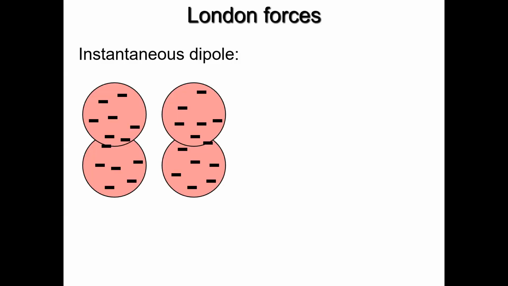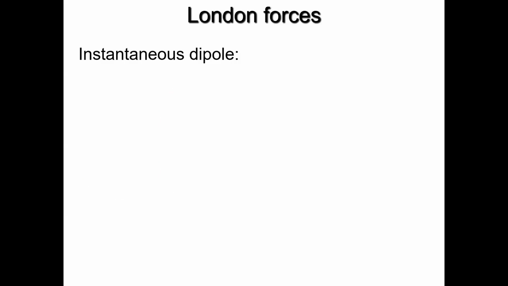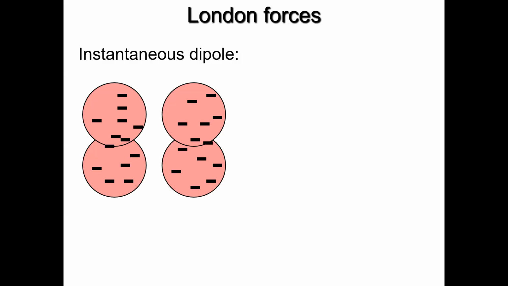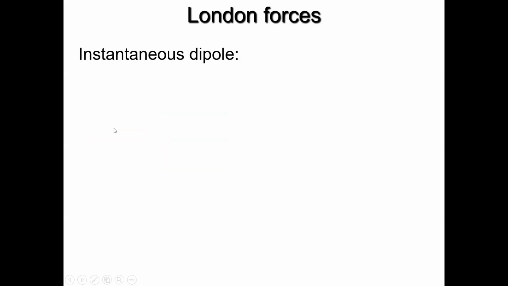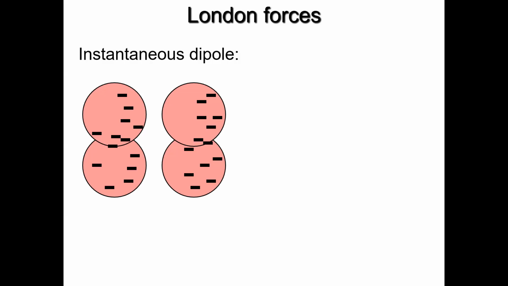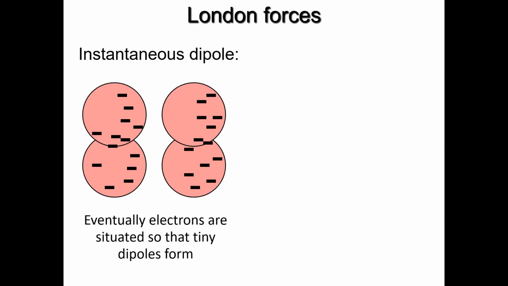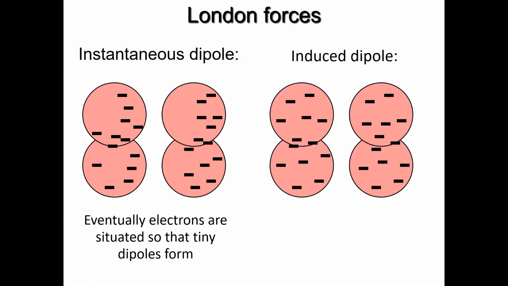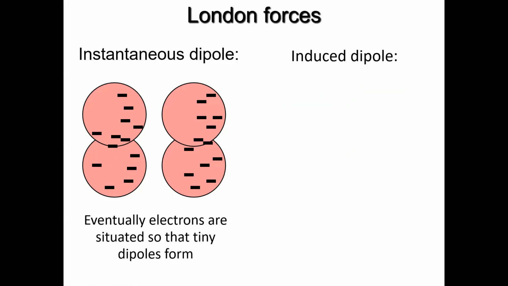At some point, you see the alignment of the negative charges of the electrons until one of them has a greater electron density around it. And the one that has the greater electron density will at that point be more electronegative than the other one. Eventually, the electrons are situated so that a tiny dipole is formed between them. So when the two molecules come close to one another, there'll be an induced dipole on them.